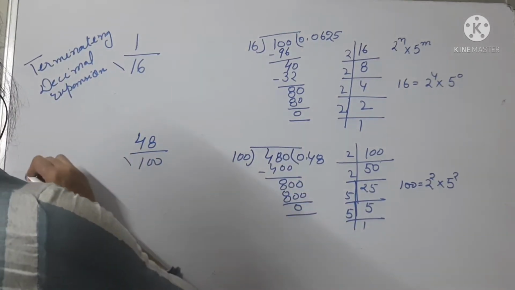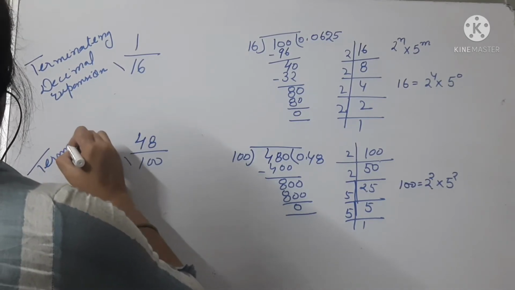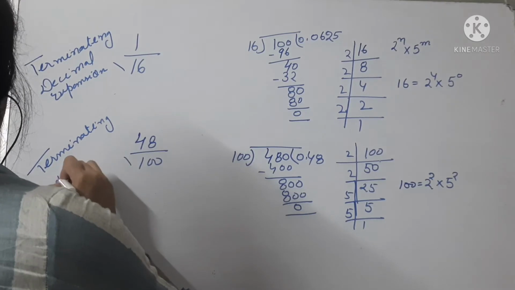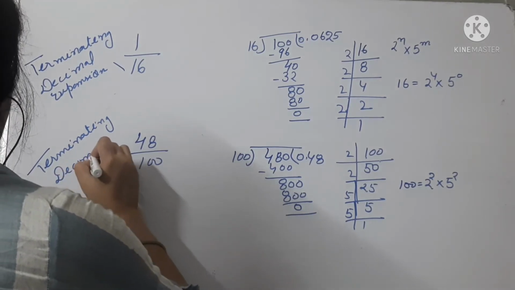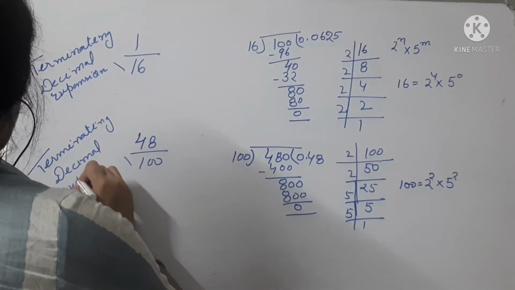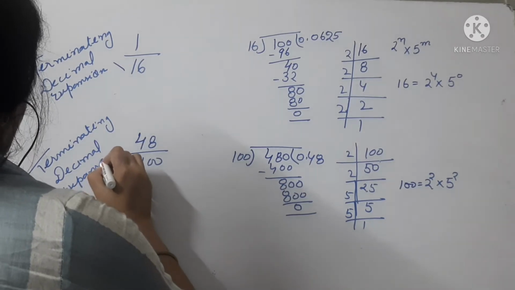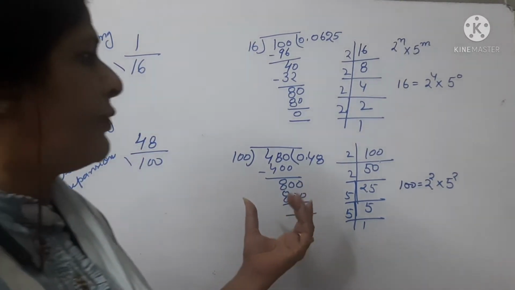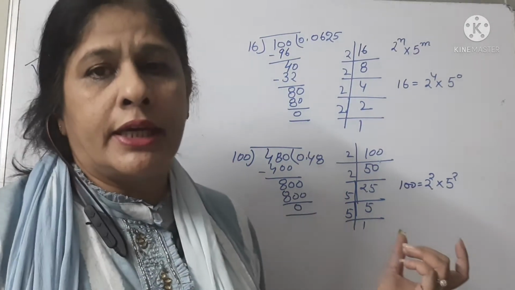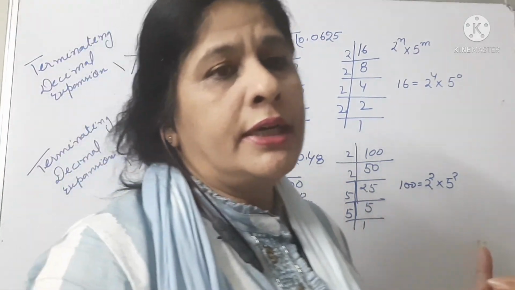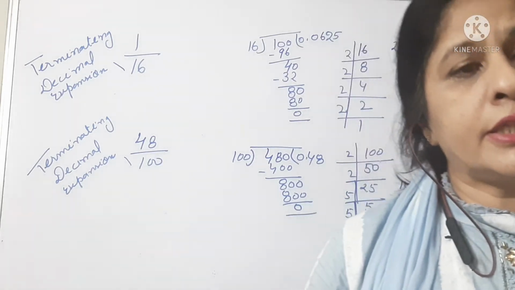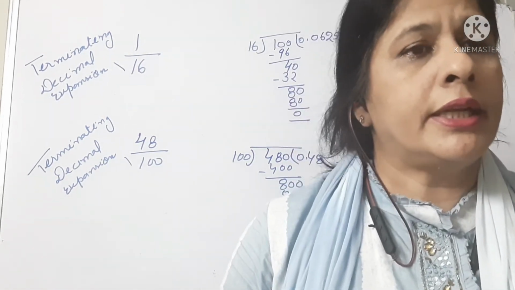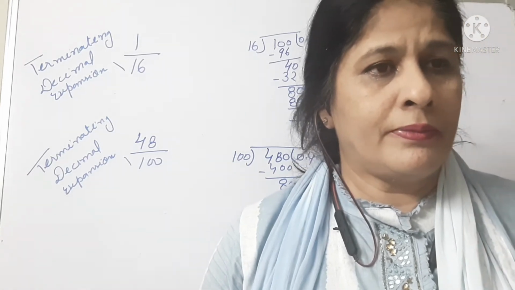So that's why it is also a terminating decimal expansion. So I think it's clear. Without performing actual division, we can tell whether the given rational number is a terminating decimal expansion or a non-terminating decimal expansion.